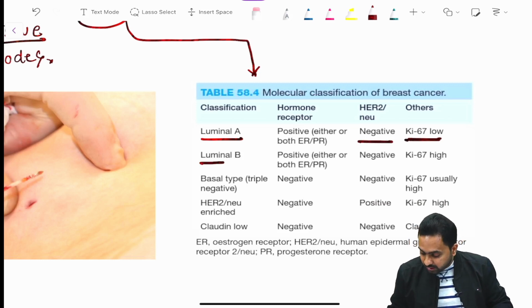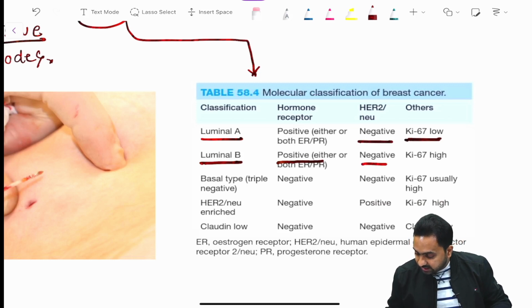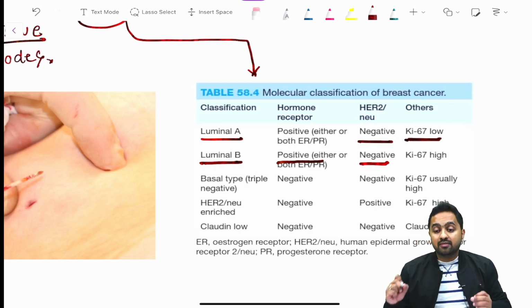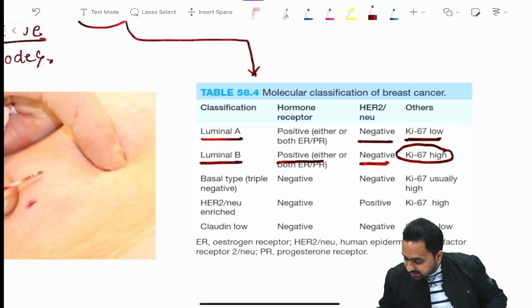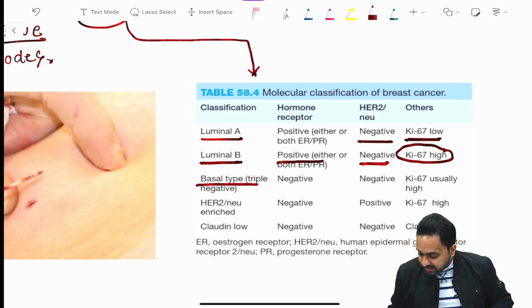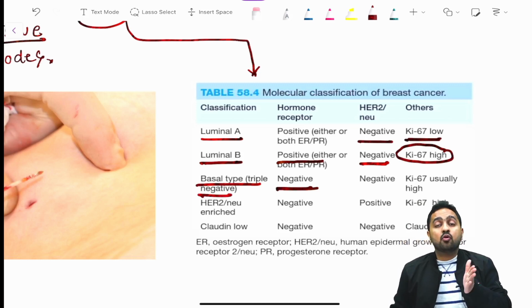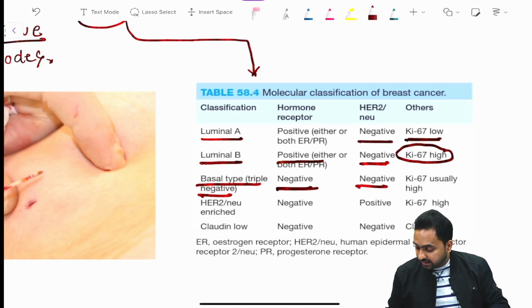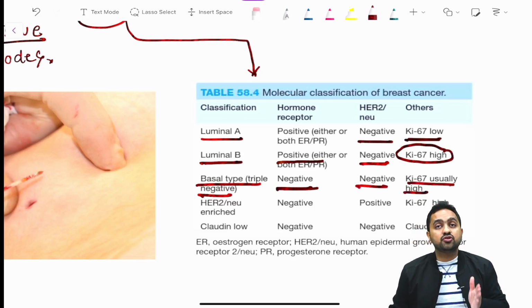In case of luminal B, we have hormone receptor positive, HER2 negative, but a high Ki67 index. In case of a basal type or a triple negative, it is hormone receptor negative and HER2 negative and Ki67 is usually high.